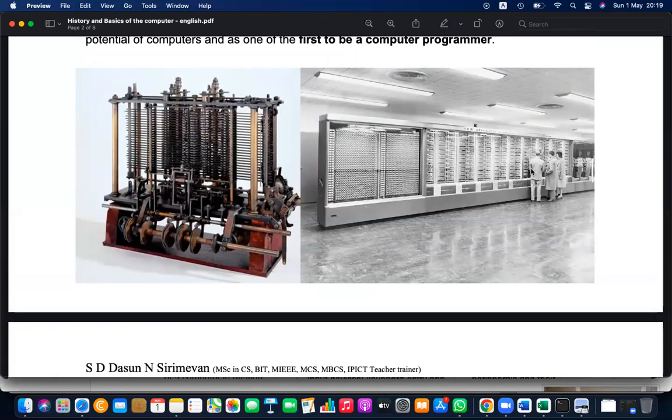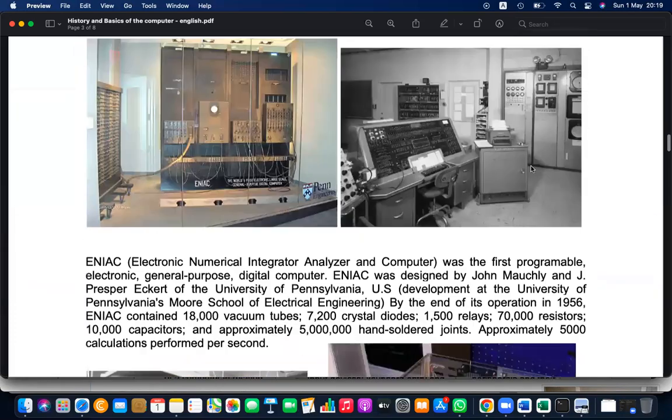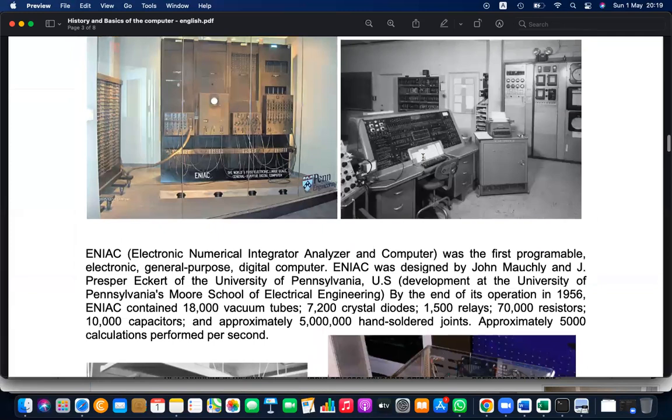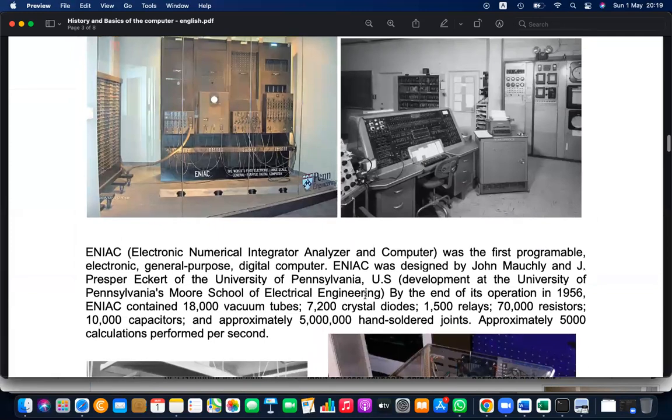But the reported first electronic computer is ENIAC, because there is an argument. Some people argue ENIAC is not the first electronic computer. Officially, according to the official documents, it is, but there were a lot of other projects, and that's why they are arguing.